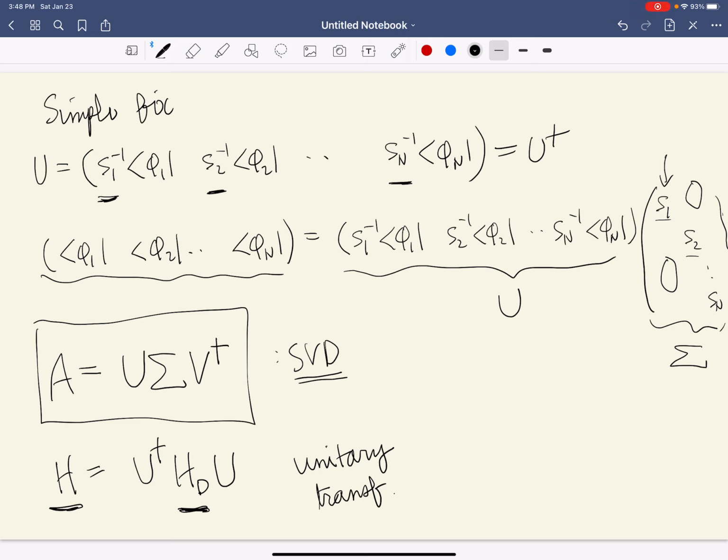And that transformation required the use of this unitary matrix. You can notice this similarity between the singular value decomposition and the unitary transformation. The difference is that one has to involve two different kinds of unitary matrices rather than a single one.